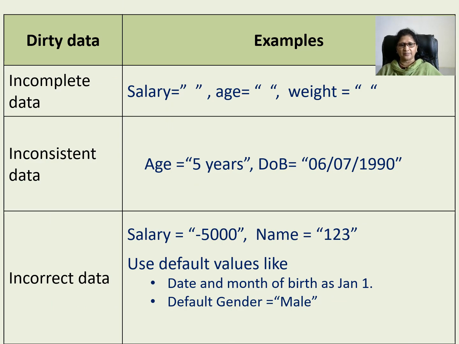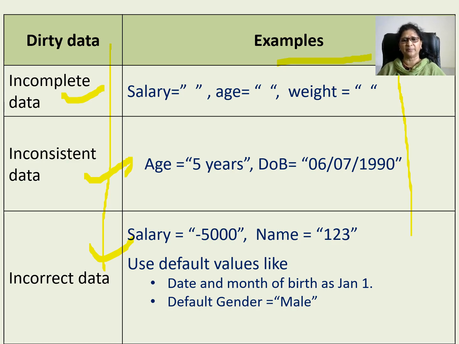This is an example. This table shows on the left hand side the terms which we just used, which are incomplete data, inconsistent data and incorrect data. And these are the examples in the second column. So first one, incomplete data. We just defined what incomplete data is. Incomplete data is data where a few of the tuple or attribute values are missing. So some records of employees in which there were three attributes: salary, age and weight.